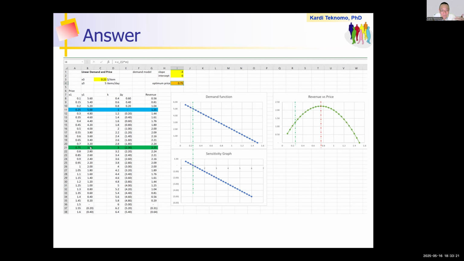What will happen if you increase or decrease from the current price? Then you plot. This is the revenue and this is the price. There is some maximum value here. So this is the price that you want to get, in this example 0.75.